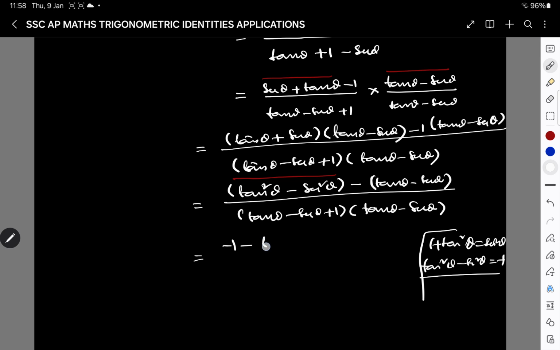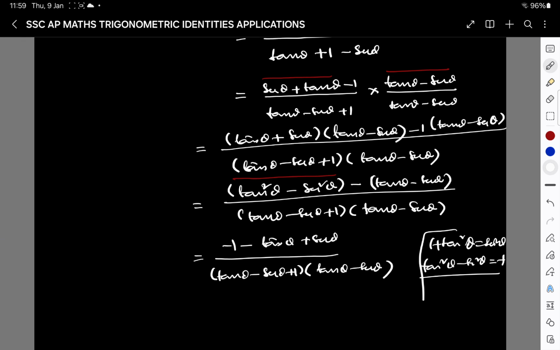Minus, tan theta minus into minus plus secant theta, by tan theta minus secant theta plus 1 into tan theta minus secant theta.